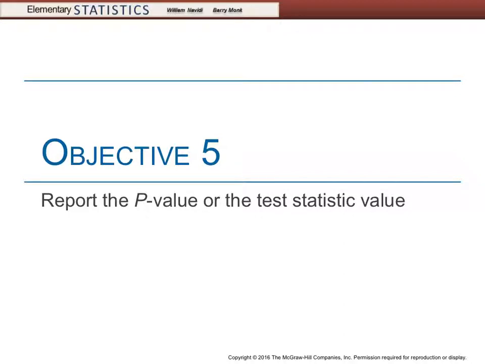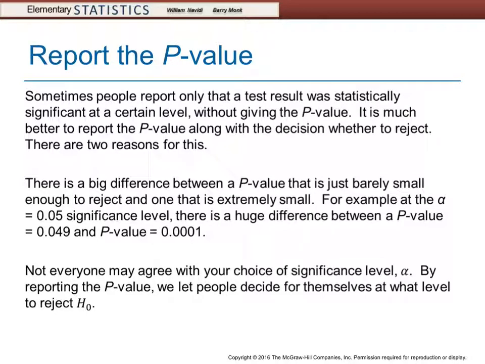Report the p-value of the test statistic value. Sometimes people report only the test results that were statistically significant at a certain level without giving the p-value. It is much better to report a p-value along with the decision whether to reject. There are two reasons for this.